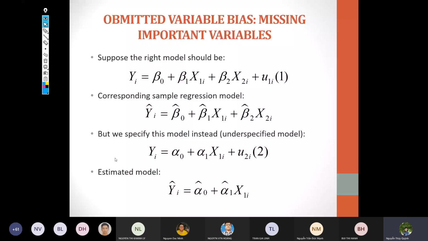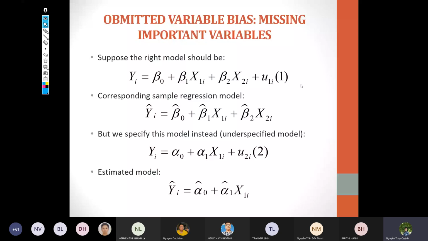But when we specified the population regression model, we did not bring x2 into the model. So the model that we construct here is not the same as the correct model. Maybe we do not know the effect of x2 on y, or maybe we do not have the data of x2, for example.